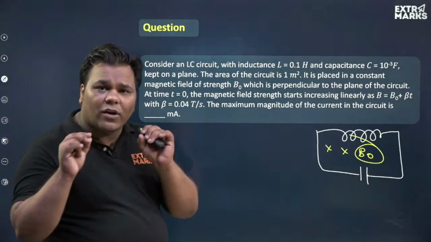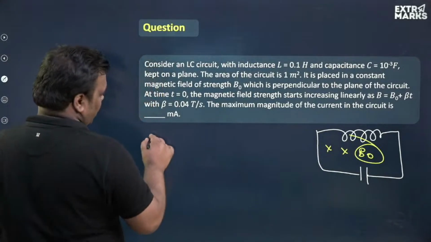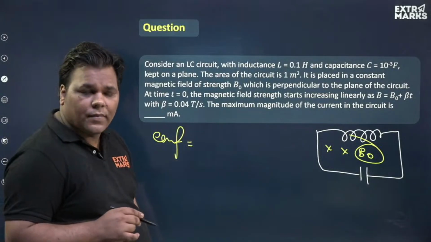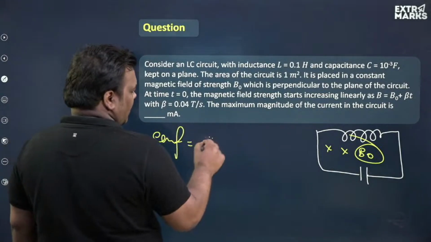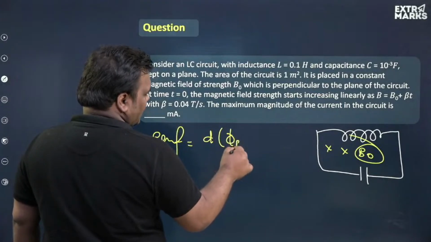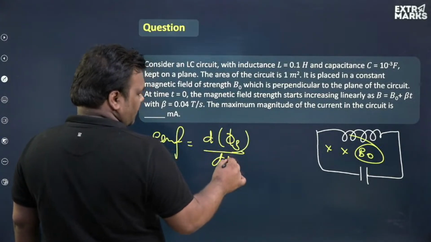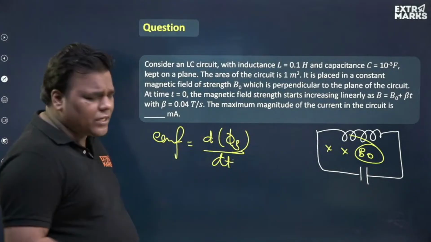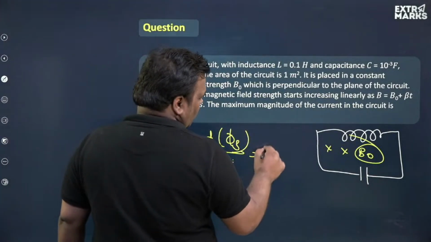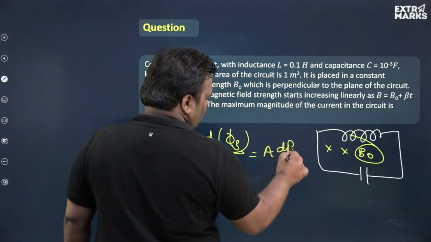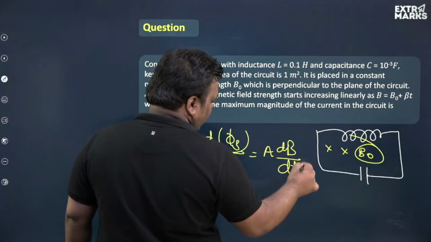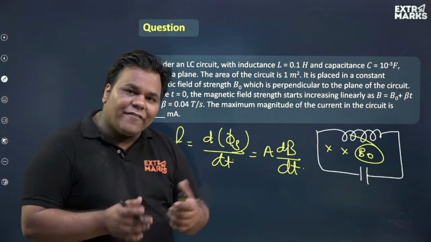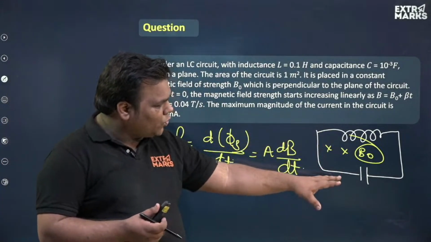My simple question is, what is EMF? EMF is rate of change of magnetic flux, right? We know that area is not changing here, so A into dB by dt. Now, EMF is generated between these two.